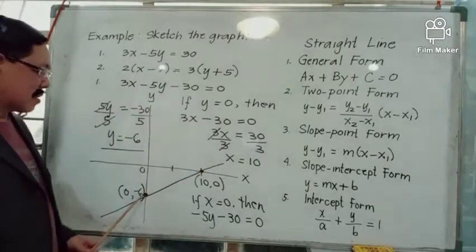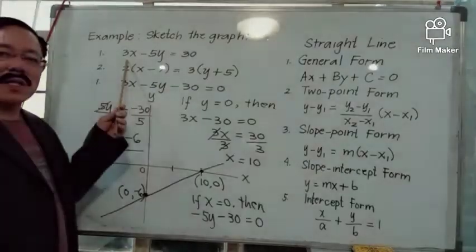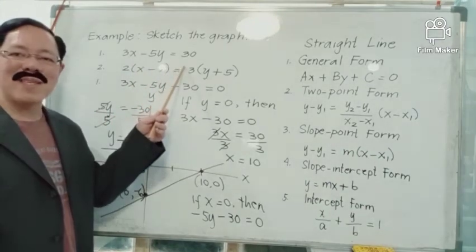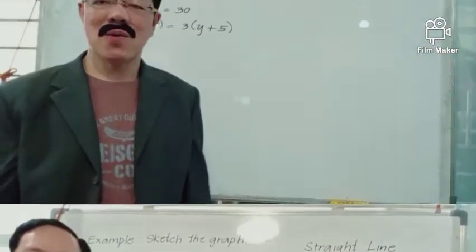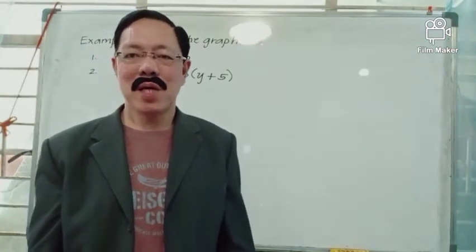Or this straight line is the graph of the linear equation in number 1, 3x minus 5y equals 30.